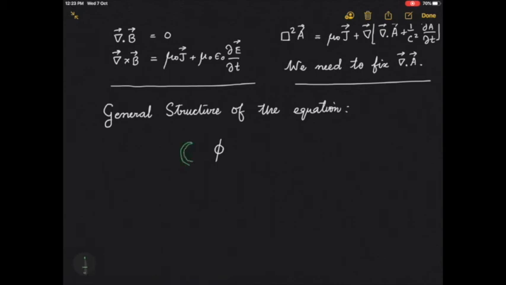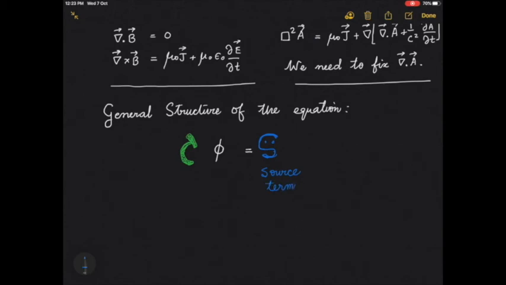I write it this way. It's like a hammer. So that's an operator operating on the potential. And on the right hand side, I have a source term. So this is a source.